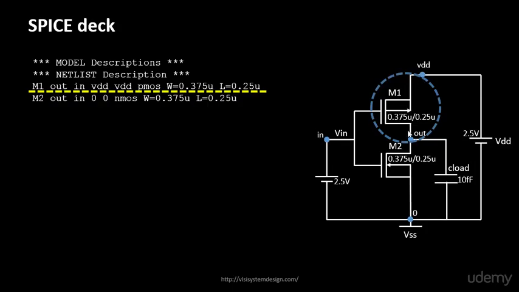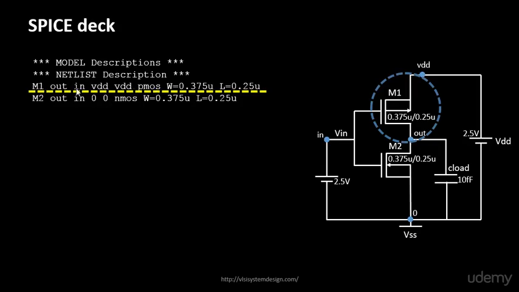The drain is connected to the out node, the gate is connected to the in node, the substrate is connected to the VDD node, and the source is also connected to the VDD node. This defines the connectivity of M1.